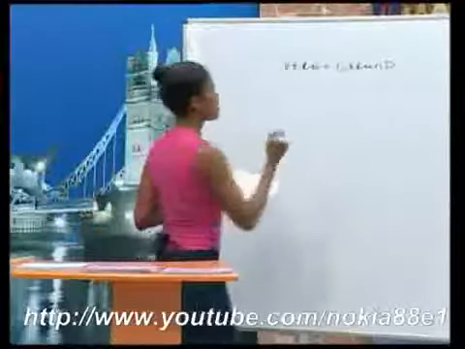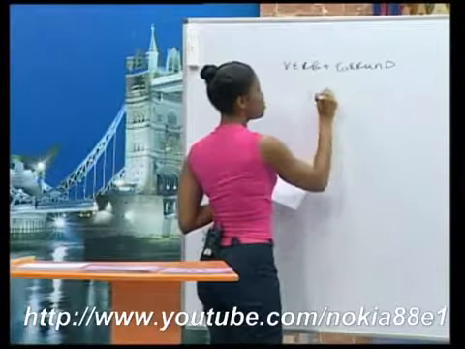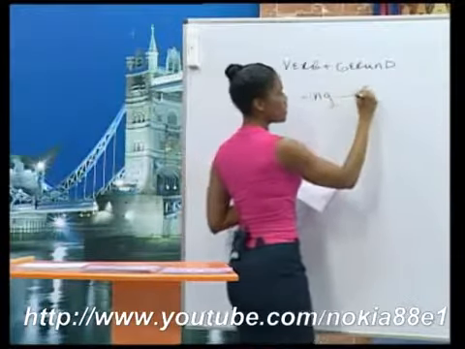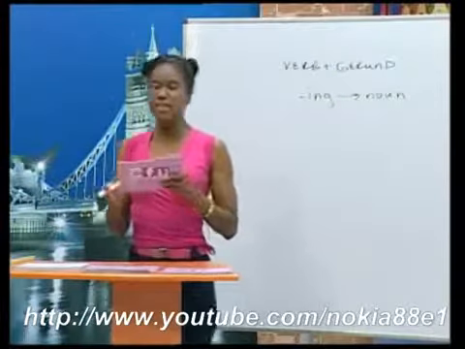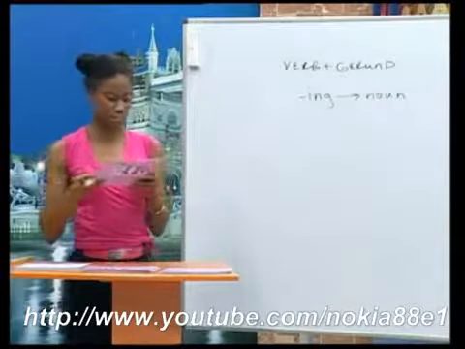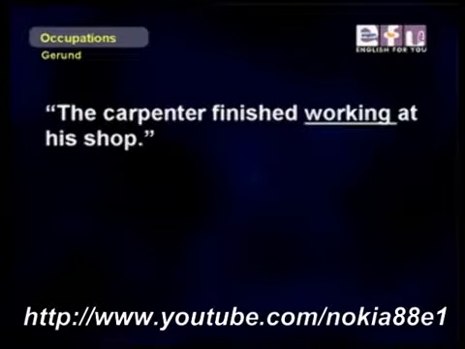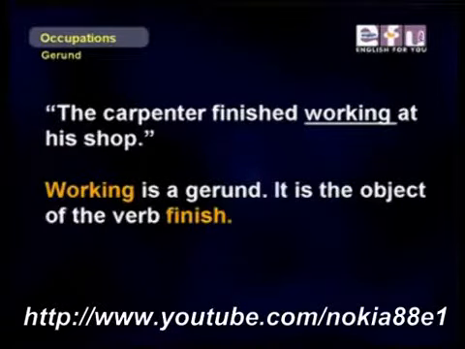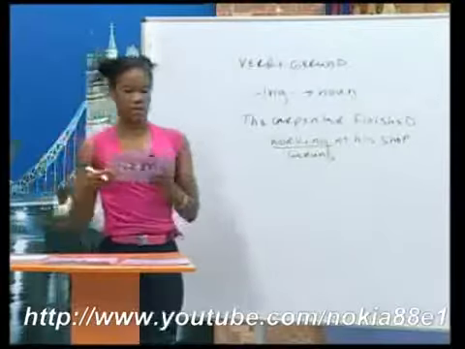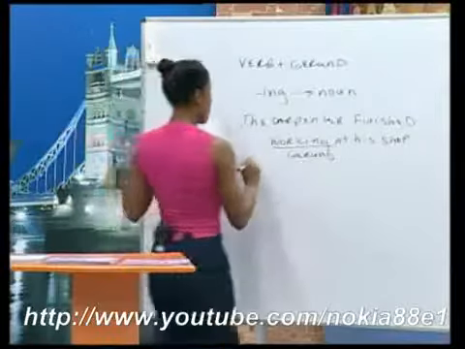So the gerund is an ing form of the verb, and it's used as a noun. There's a gerund in each of these sentences. Take a look. The carpenter finished working at his shop. So in this sentence, working is a gerund. It is the object of the verb finished. Okay, next example.